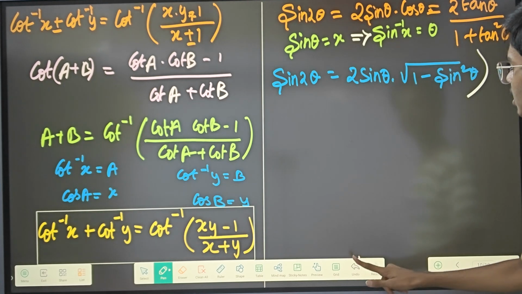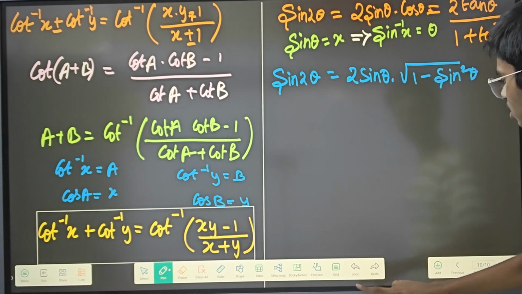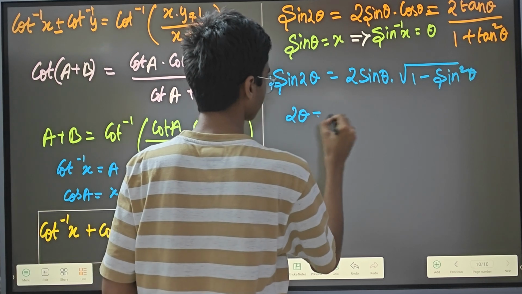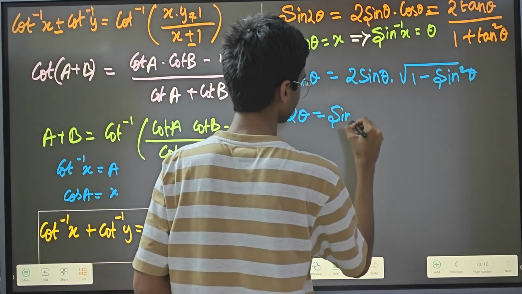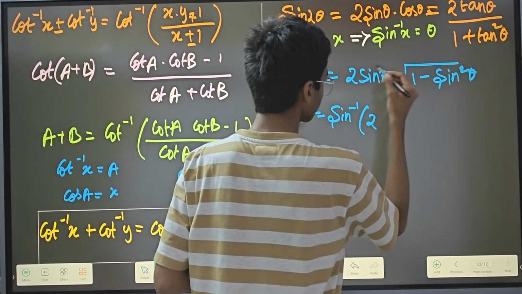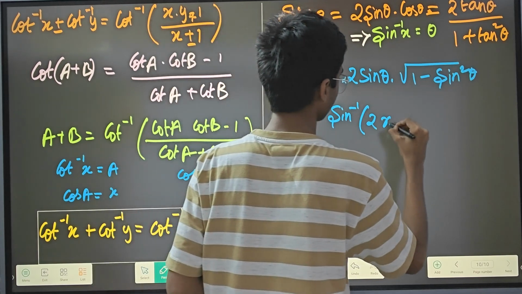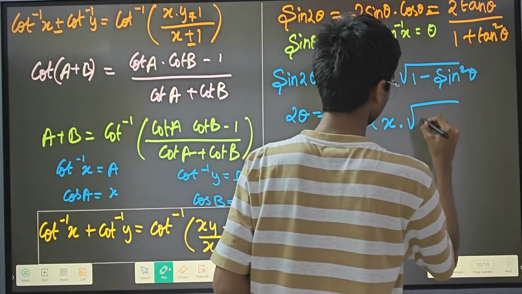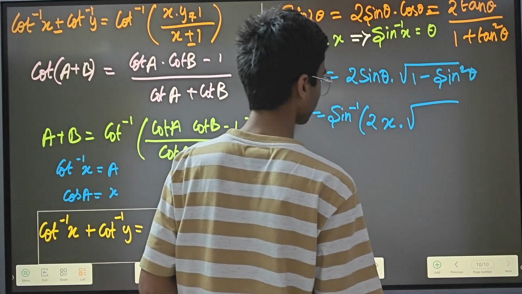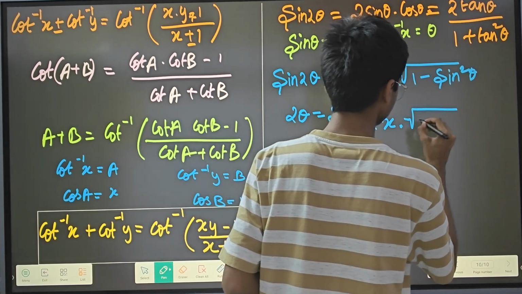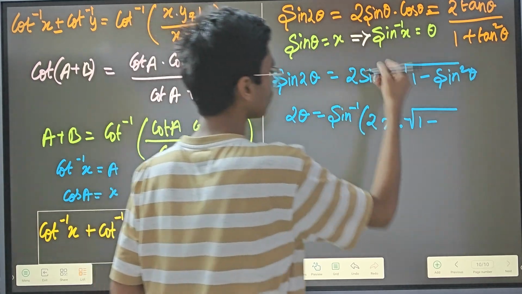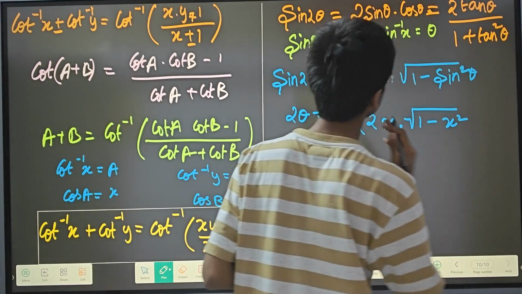So now I will write that 2 theta is equal to sine inverse of 2 times x dot root over 1 minus x square. What is sine square theta? Sine square theta is equal to x square.